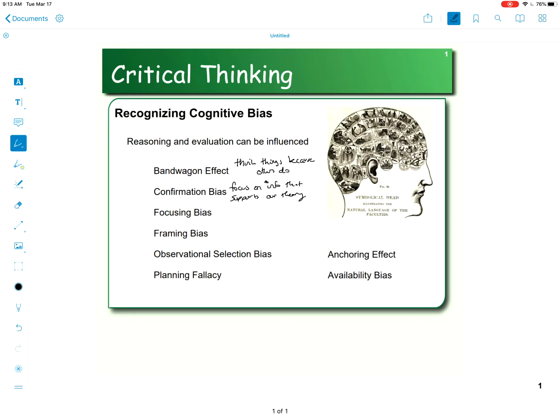The next type of cognitive bias is what is called focusing bias. Focusing bias is where we place too much importance on one area. We lose the bigger picture. So here our field of view is very narrowed, and so we're not seeing how decisions impact other decisions and the greater impact.